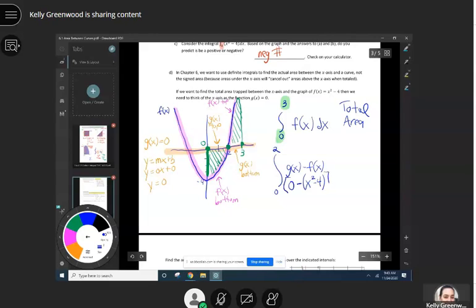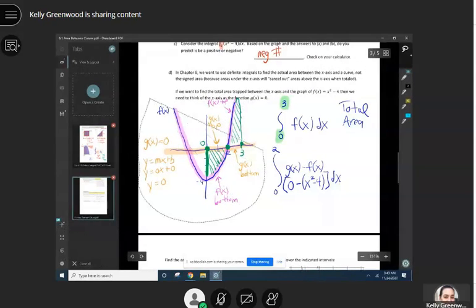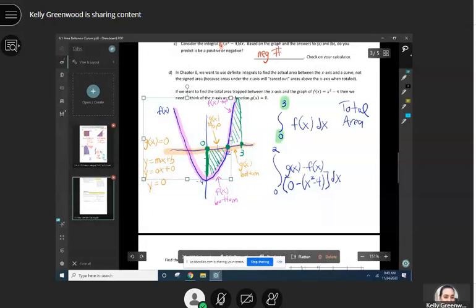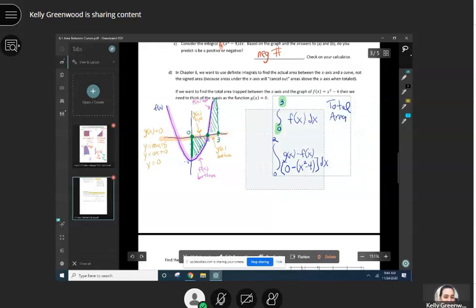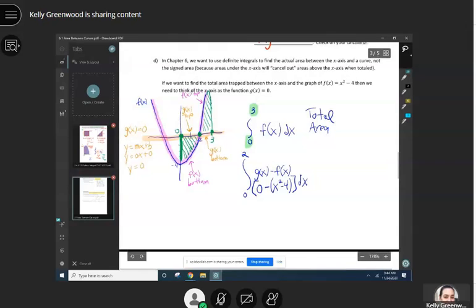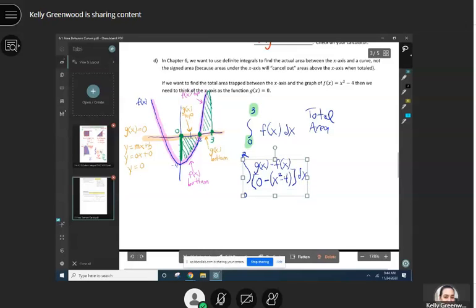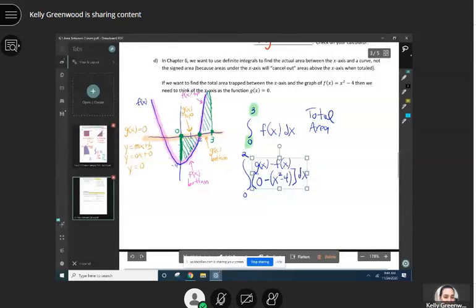So all of that is my first integral. Let me shrink this down for a sec. G of x was on top, f of x was on bottom.